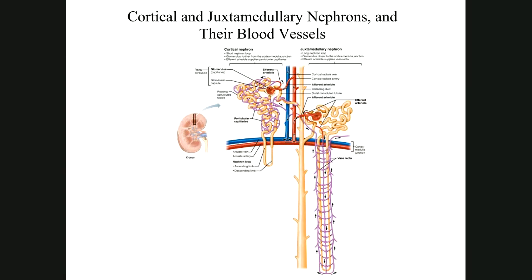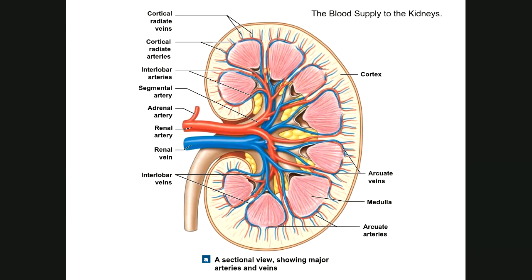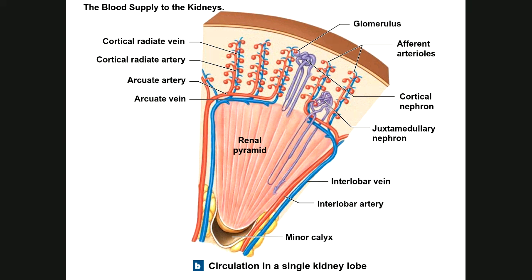I will go back and show you some very nice pictures that we remember here. All right, so if you remember, those are the afferent arterioles that are branching from the cortical radiate arteries.